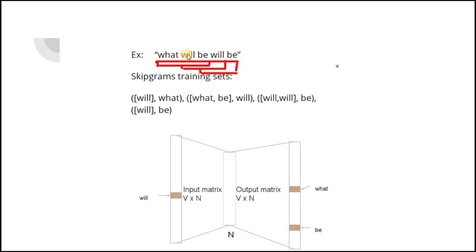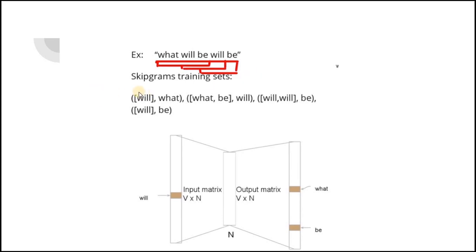Let's say I want my neural network, or my word embedding, to understand that if I pass the word will, then I have to get the words what and be as output, based on a given context. So in the very first step we are trying to generate an input for the neural network.